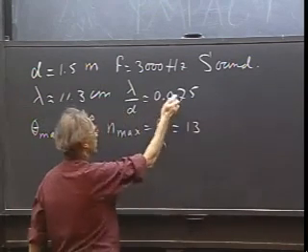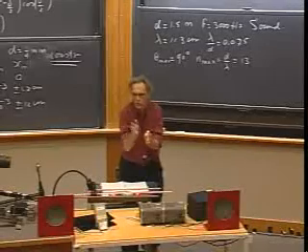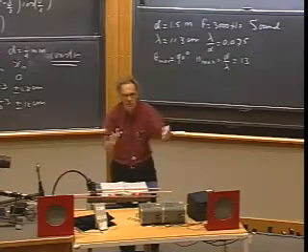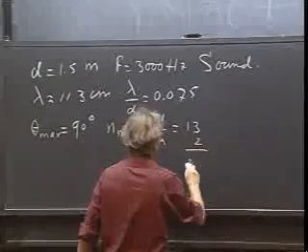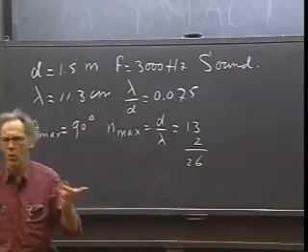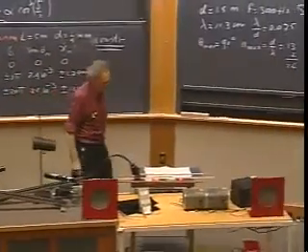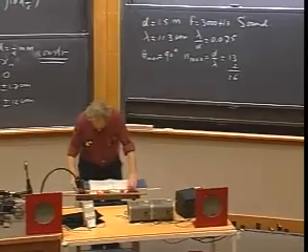It is 1 over this number. So that means there are 13 of those surfaces going in this direction, but there are also 13 going in this direction. Remember, you have plus and minus. So you really have to multiply this by 2. And so there are 26 surfaces, no more and probably no less, in this audience of constructive interference. And then there are probably also around 26 destructive interference.